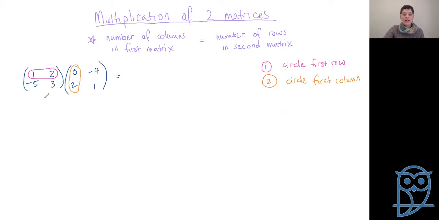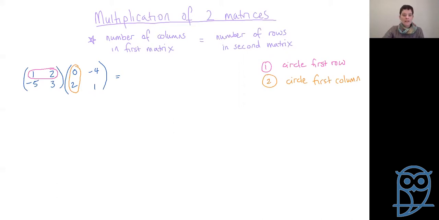And what you see now is we've got two things in our pink circle and two things in our orange circle. That is because the number of columns in the first matrix equals the number of rows in the second matrix. Without those pink numbers equaling orange numbers, you can't do the multiplication.